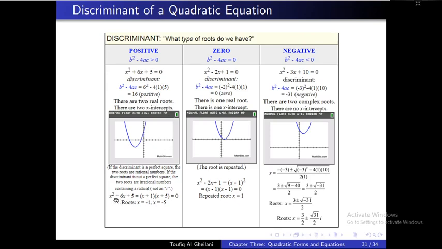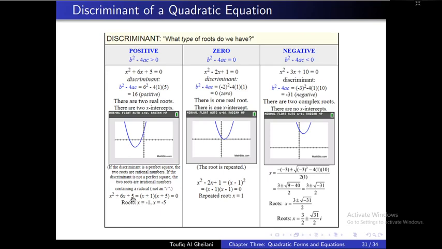So x squared plus 6x plus 5, we can factorize this equation into two factors, x and x. Then I see the last term is positive, so the sign inside the brackets will be the same as the middle, positive.